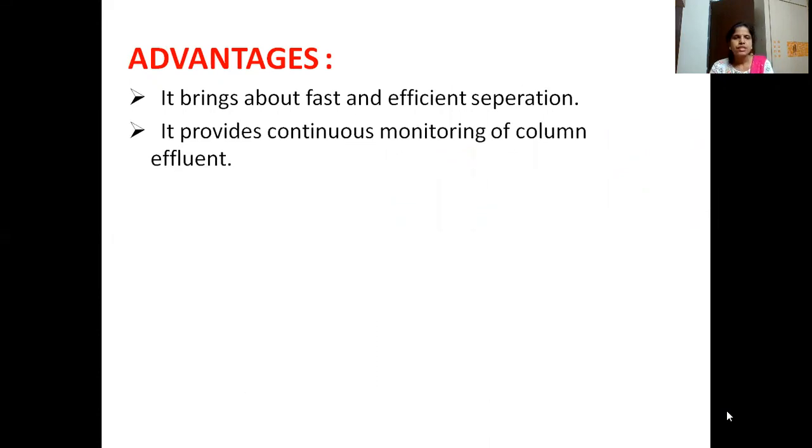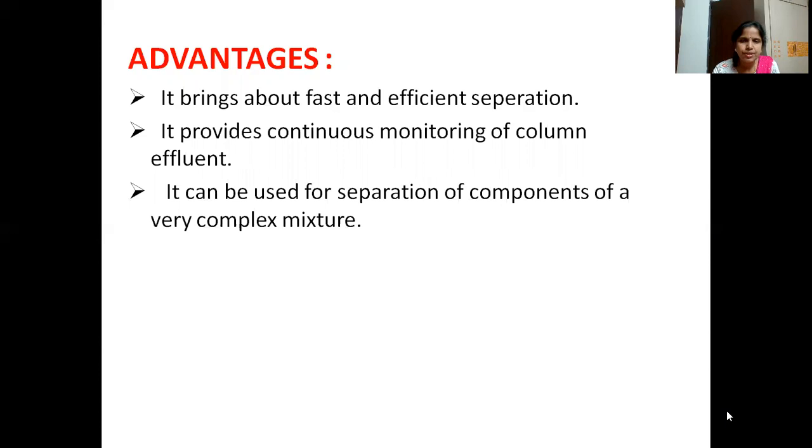It provides continuous monitoring of the column effluent, whatever is coming out or whatever mobile phase is entering the column. Everything can be monitored because the detector is connected to a computer which gives a chromatogram. In that you can see the different components present in the sample and coming out from the column.